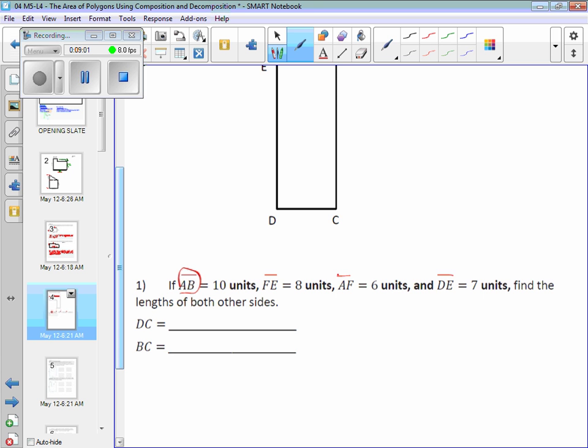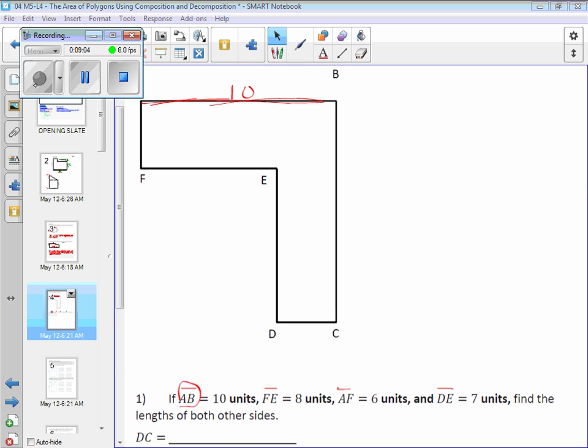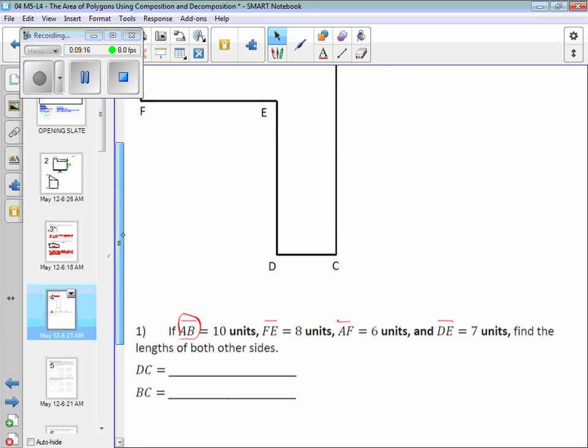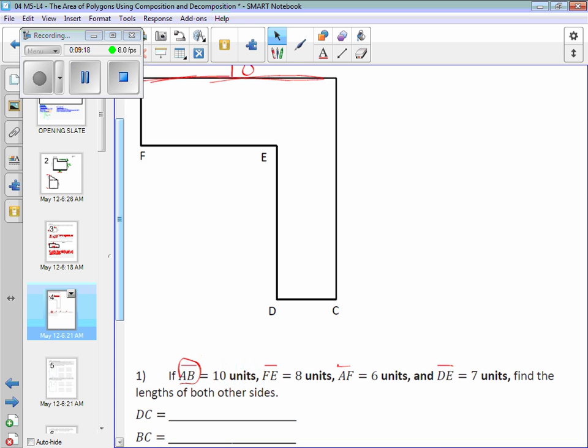Alright, so if you're going to come up, you should put in the pieces that we know already, right? Just put in the pieces that they give you. I'm not going to ask you to do DC just yet. Okay, just the pieces that they gave you. Alright, come on up, bud. Hold on, let me scroll here.